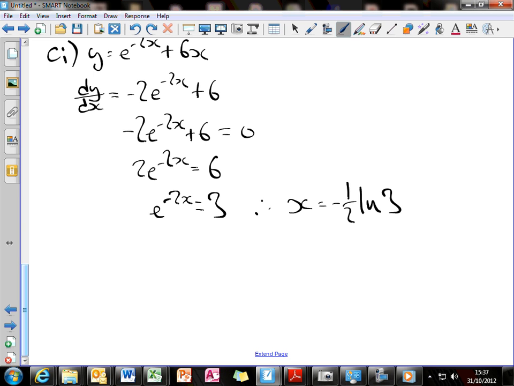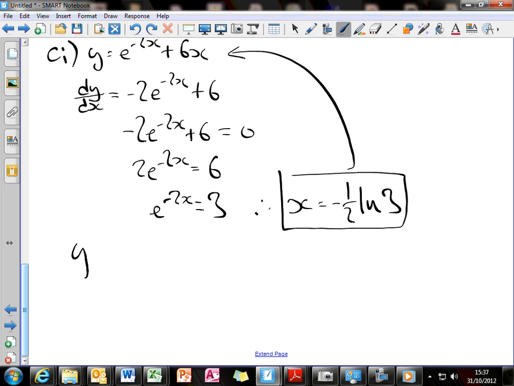Now, to find the y-coordinate of the stationary point, I'm just going to sub x back into here. So the y-coordinate is now going to be e to the minus 2 times minus a half ln 3, plus 6 times minus a half ln 3, and then we'll tidy it up.